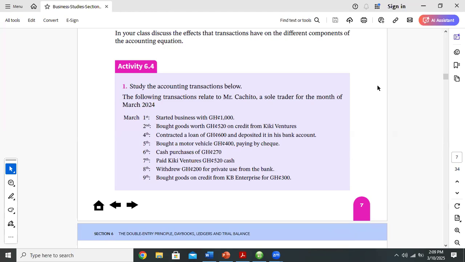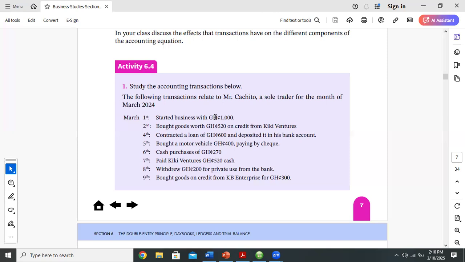Yes, Prof. Portia. Say, please, investment of owner. Okay, so investment made by the owner, right? And the owner is starting a business, so he's investing in the business. That's true. Okay, so you can appreciate that this Mr. Kachito is starting a business with 1,000 Ghana cedis cash, right?